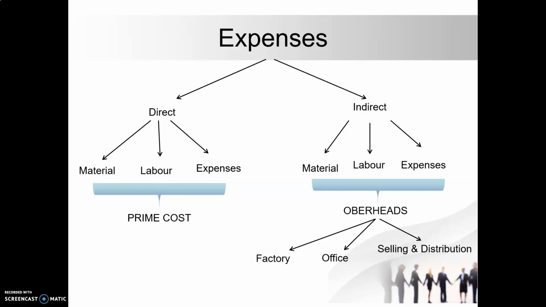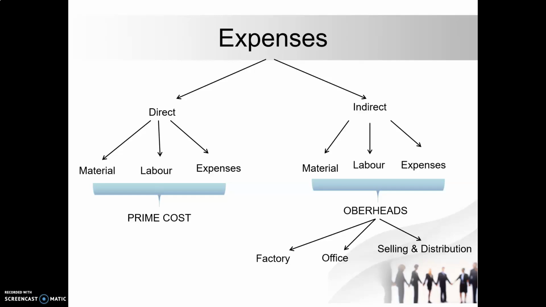And what is direct expenses? These are expenses which are there but cannot be taken as material or labor. One example I can give is that on that particular pen, when you are printing, is that a material? No, that can come under your direct expenses. Okay, and all these direct expenses, once we club them together, we call them prime cost.